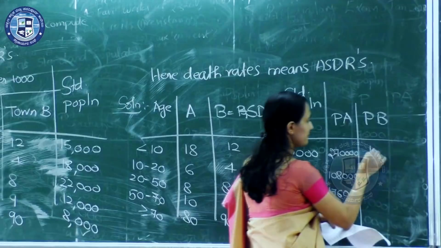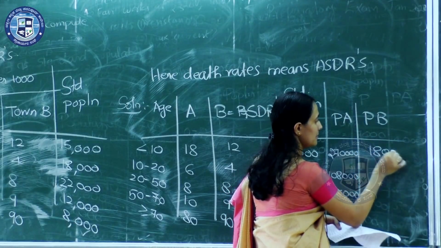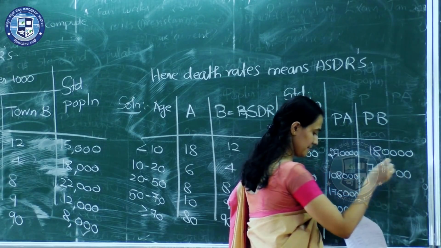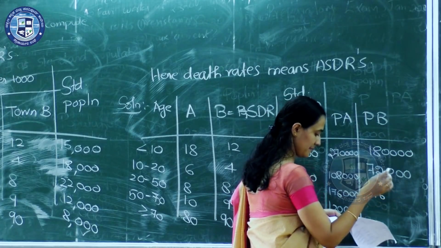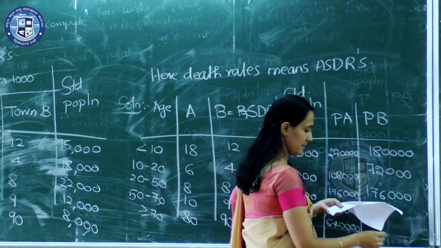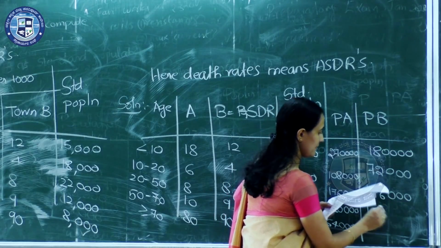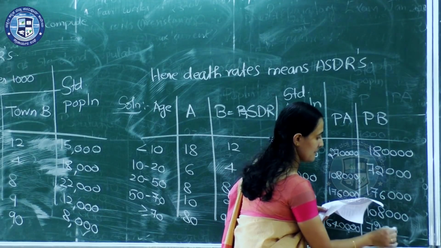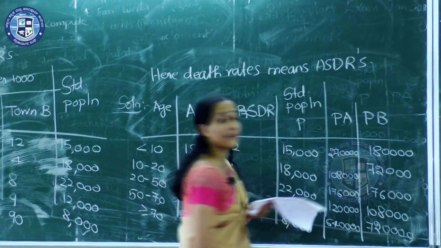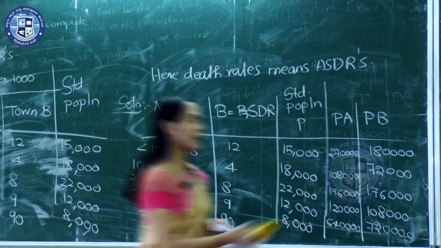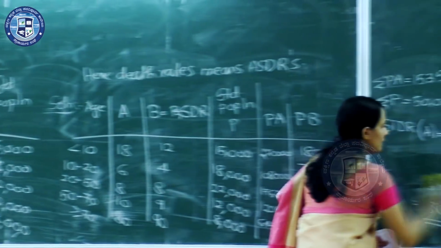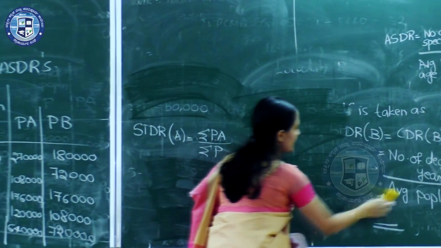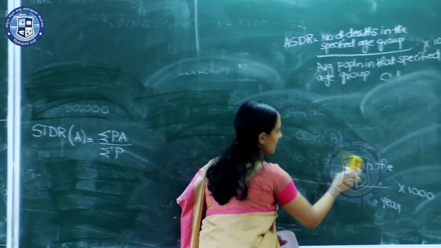Next, the STDR of A and the STDR of B. The formula for STDR of A is sigma PA divided by sigma P. STDR of B is sigma PB divided by sigma P.